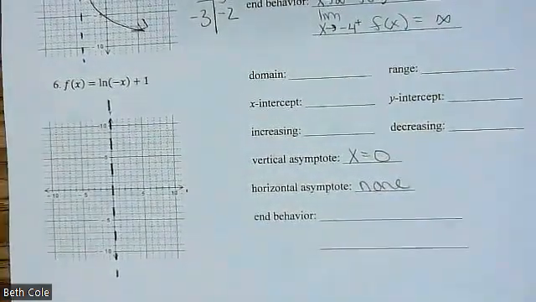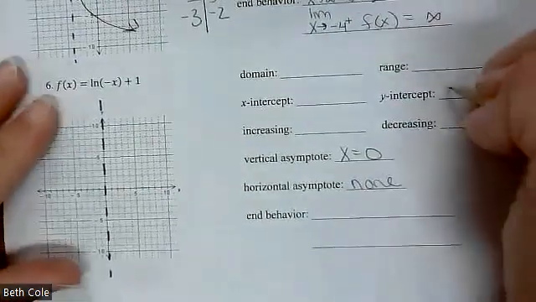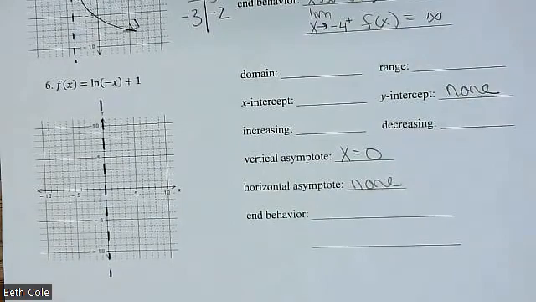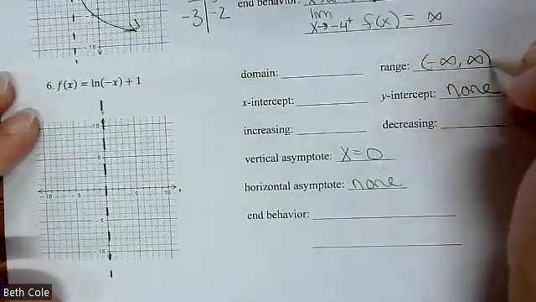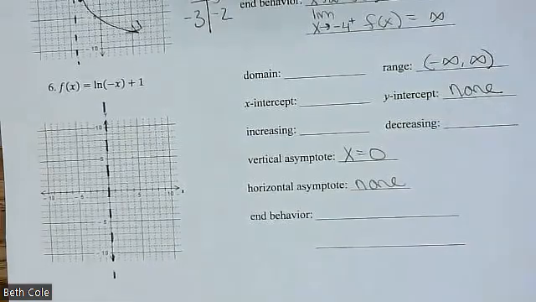Yeah, and so that's a good point. That means what other answer is going to be none? Yeah, you won't have a y-intercept. So if you want to even go ahead and put none there, you can do that. And then what's the other thing we can put? Yeah, range is everything. You almost fill in like half of it without even getting a graph in there.